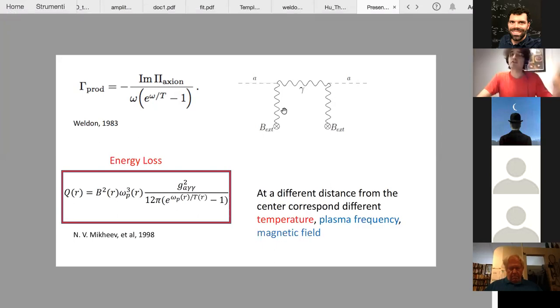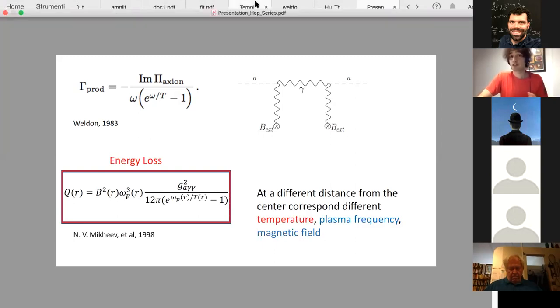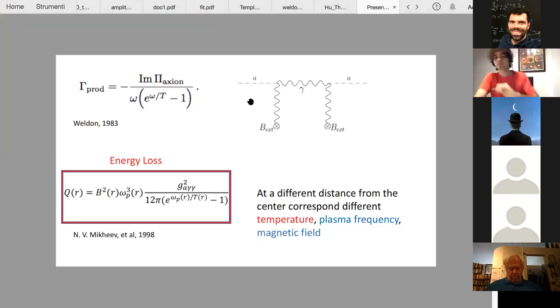And all the properties vary. The plasma frequency varies, as I was telling Jan before. For example, if you go deeper in the star, the density will be larger and the plasma frequency will be larger. Same stuff for the magnetic field. The magnetic field inside the sun will be much larger than on the surface, okay?